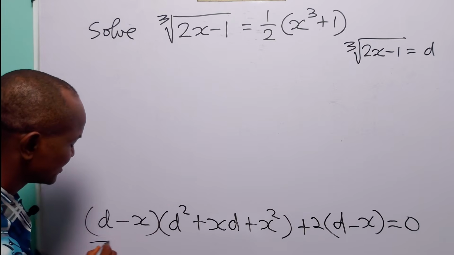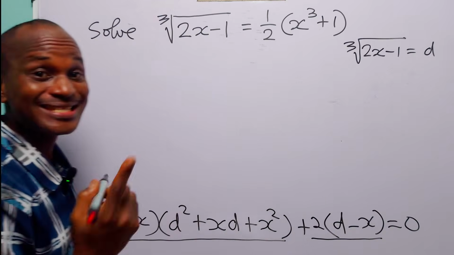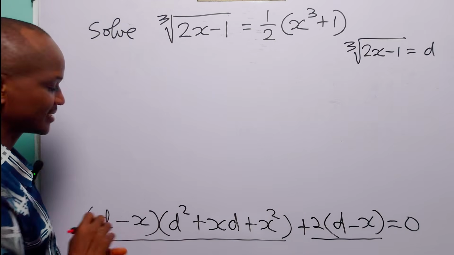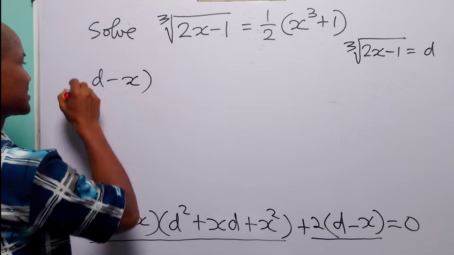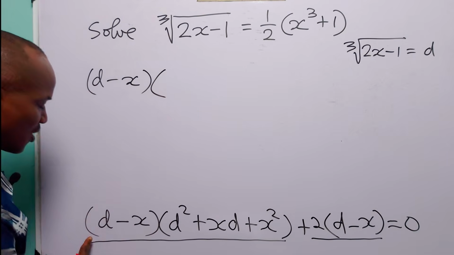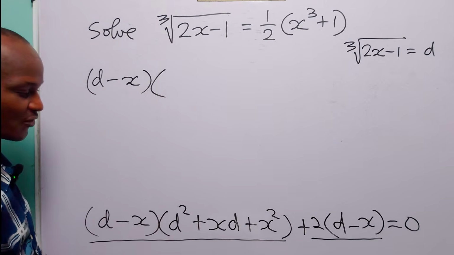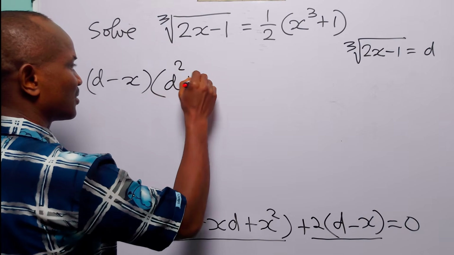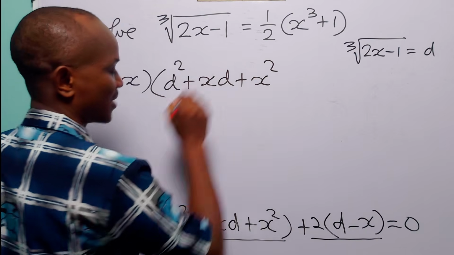Now, when you look at these two terms, you will see a common factor, which is d minus x. So we can still factorize. We have d minus x into, when we divide this first term by d minus x, of course, we are left with d squared plus xd plus x squared.